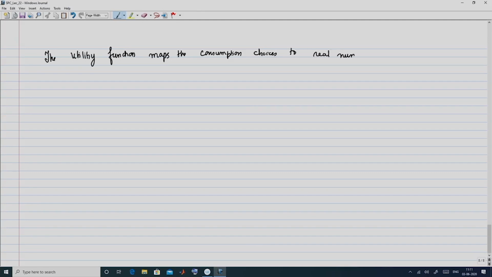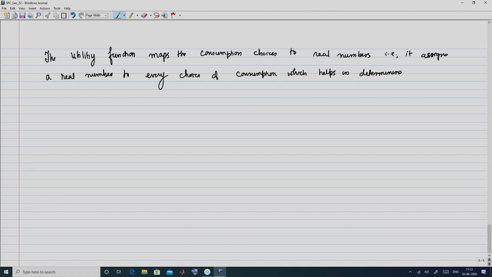Remember, we had introduced the term called utils, and that is, it assigns a real number to every choice of consumption, which helps in determining preferences between different choices.